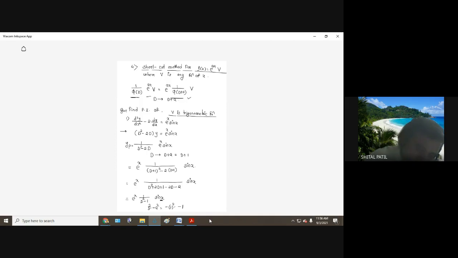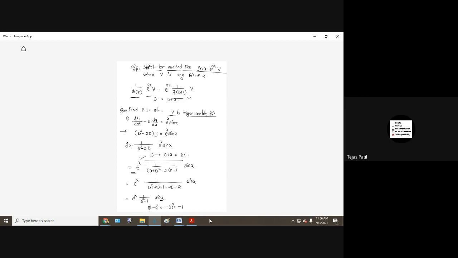So when we replace d by d plus a here, e raised to x was written outside, and then the remaining things were operated on sin x only. And now we are simplifying. Replace d square by minus 1.